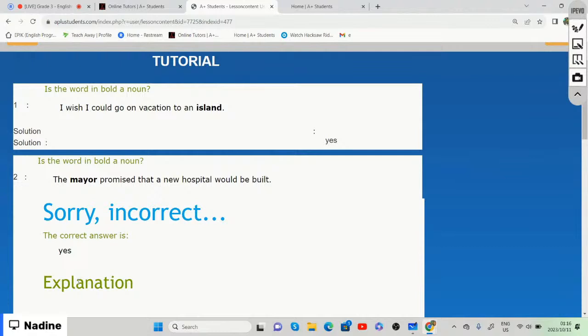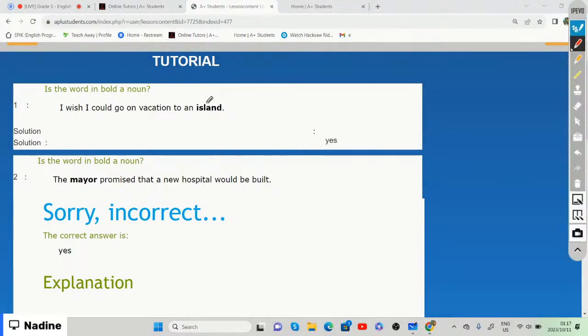And if it is a noun, then what does it name? Does it name a person, place, animal, or thing? An island. All right, so basically we can say that yes, I wish I could go on vacation to an island. So an island is a noun.